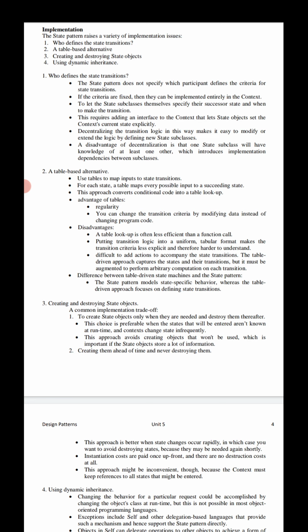This requires adding an interface to the context object that lets the state object set the context's current state explicitly at runtime. Decentralizing the transition logic in this way makes it very easy to modify or extend the logic by defining new state subclasses.